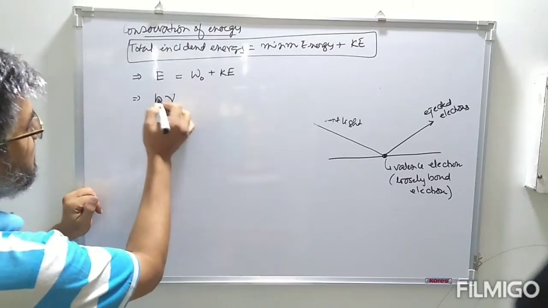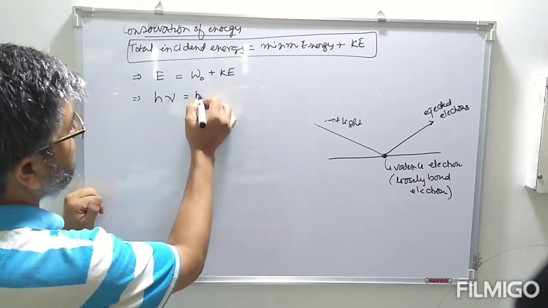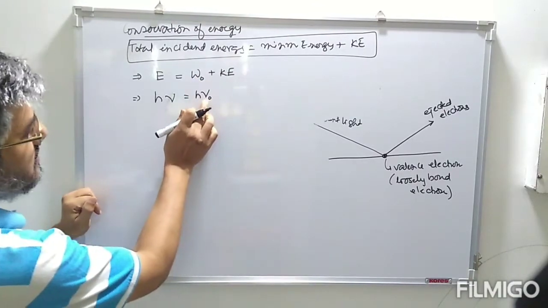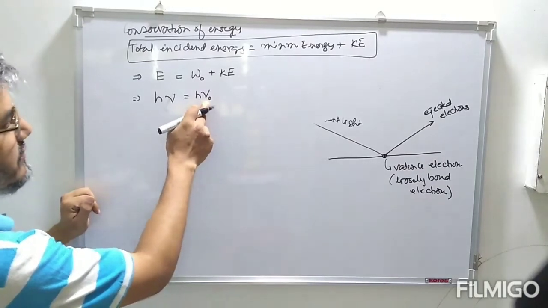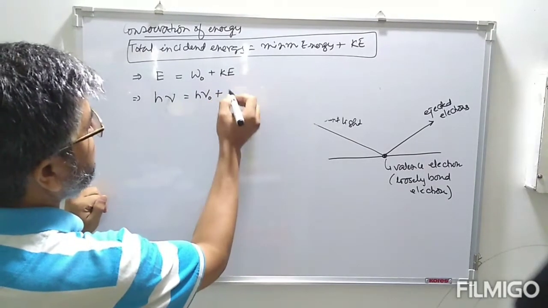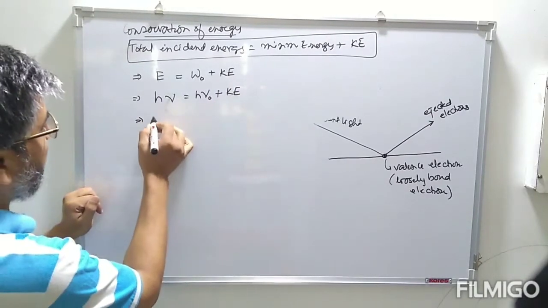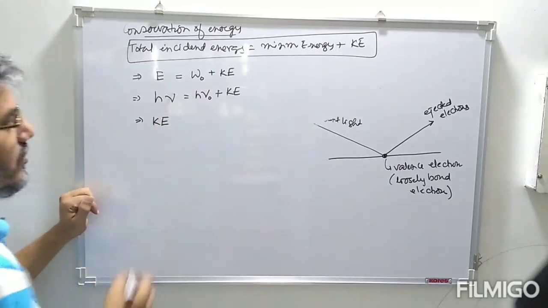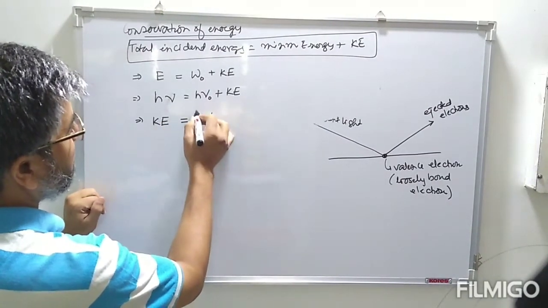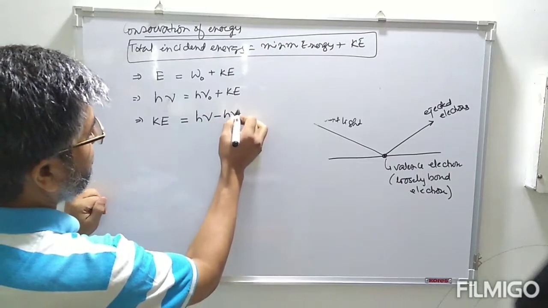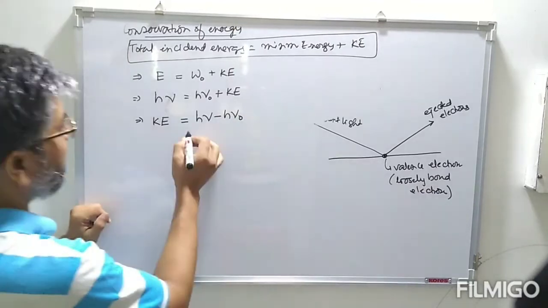So total energy is h nu. This is incident light frequency. Then h nu naught is the work function. This is minimum frequency required, that is critical frequency or threshold frequency, plus kinetic energy. So therefore, kinetic energy of ejected electrons is equal to total energy minus minimum energy, that is work function.